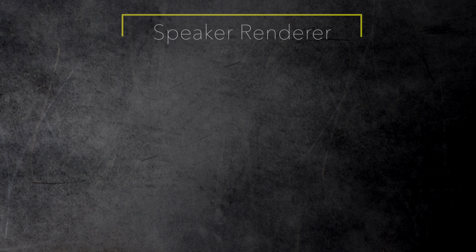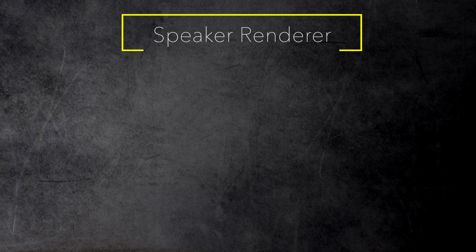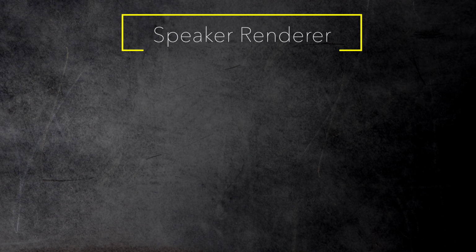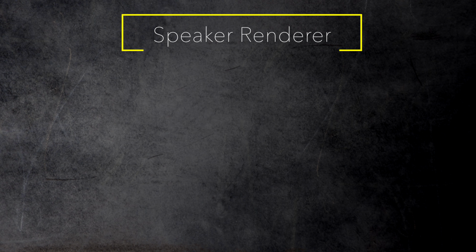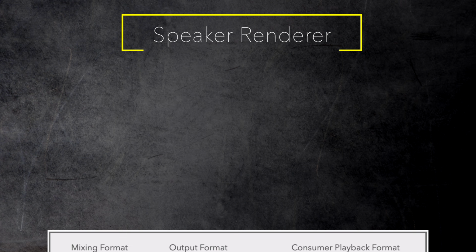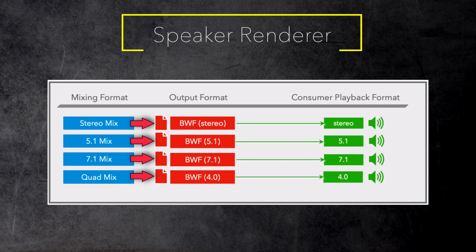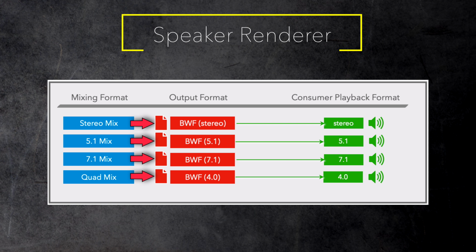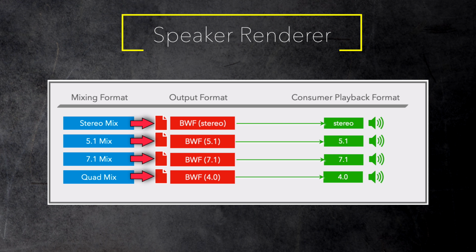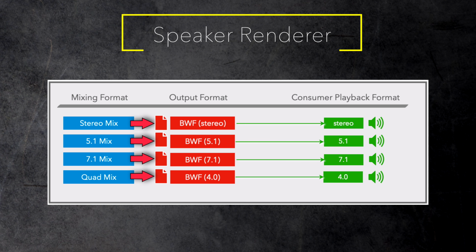The third and most important element of Dolby Atmos is the renderer. That is the magic component that makes Dolby Atmos special and not just another surround sound format with height speakers. Remember, channel-based formats are fixed and restricted to their channel count. For example, you need a 5.1 playback system to play a 5.1 mix.